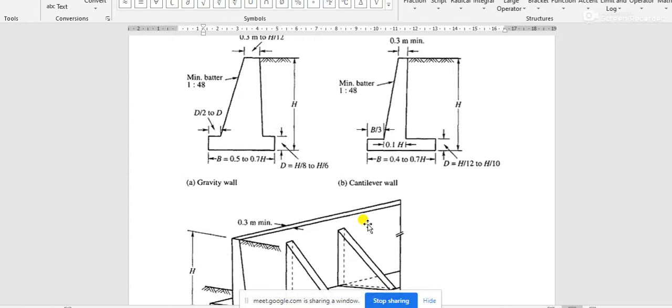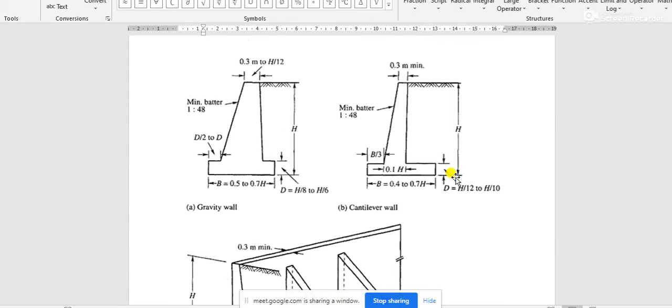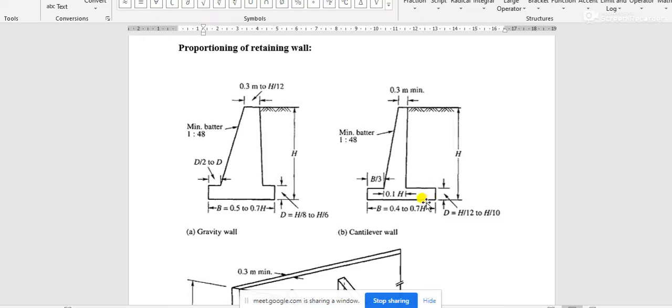Next one is sliding along the base. Sliding means nothing but horizontal displacement. The retaining wall is not overturned or rotated, but sliding means horizontal movement.